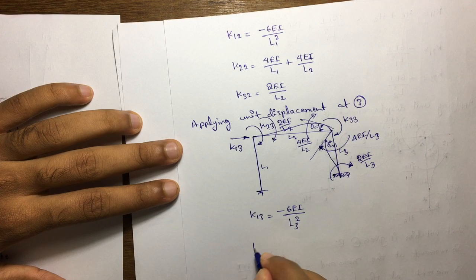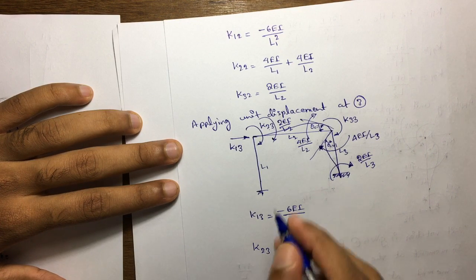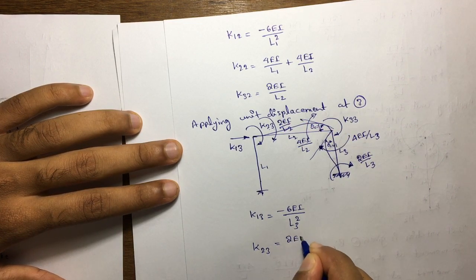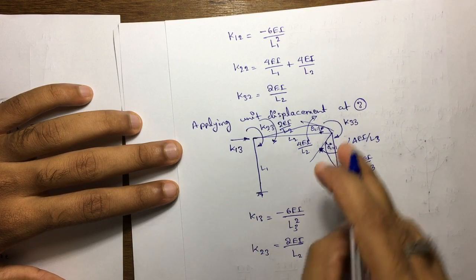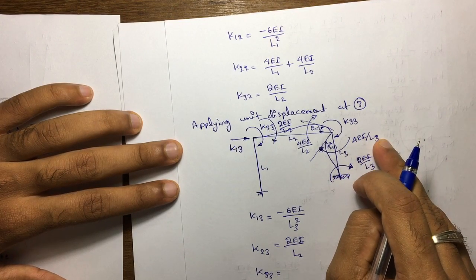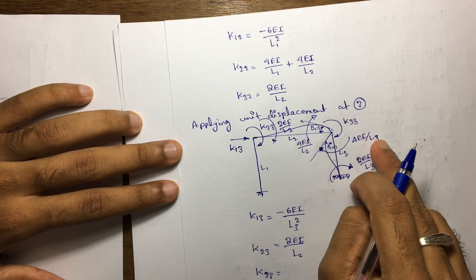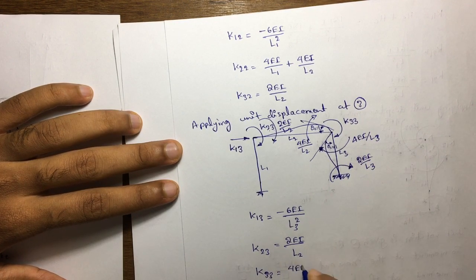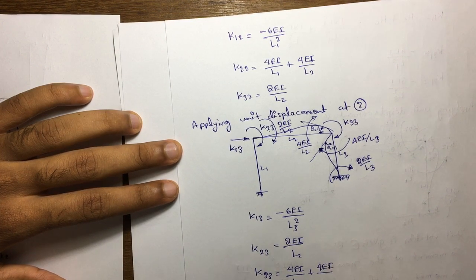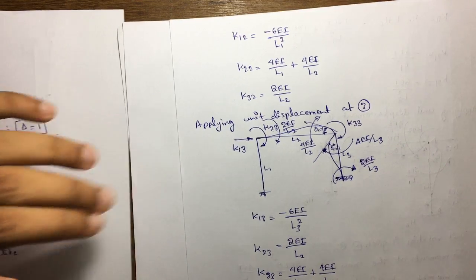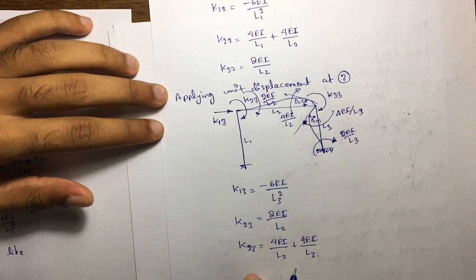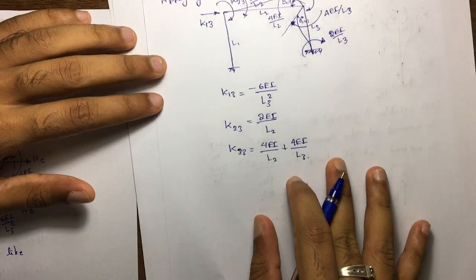If I consider k23, that is 2EI divided by L2. If I consider k33, we can see two moments, that is 4EI divided by L2 and 4EI divided by L3, that is 4EI divided by L2 plus 4EI divided by L3. Okay, now we can combine all the terms of our stiffness matrix.